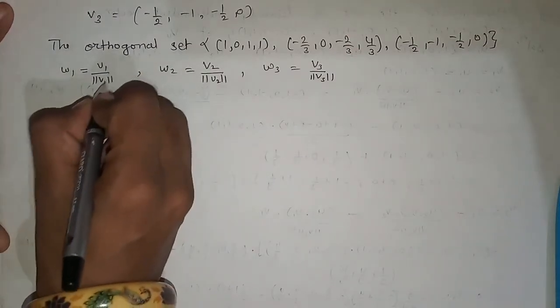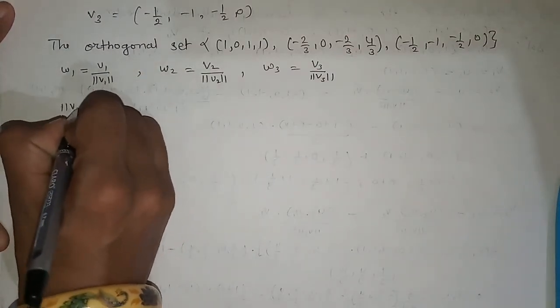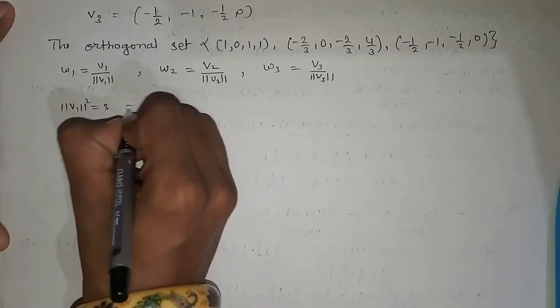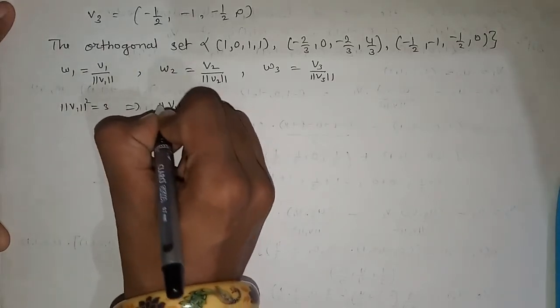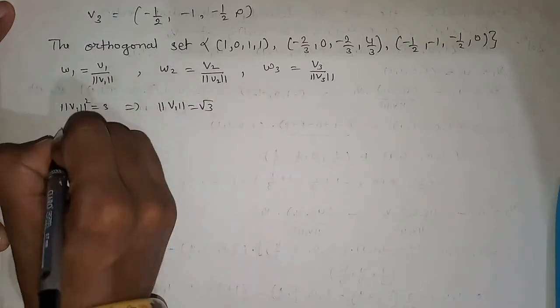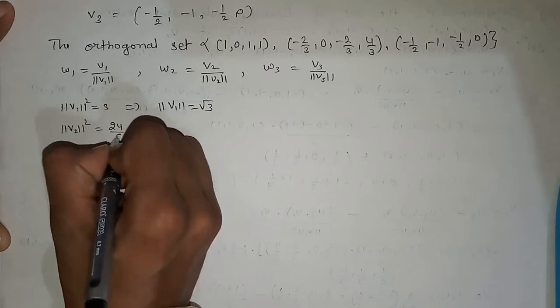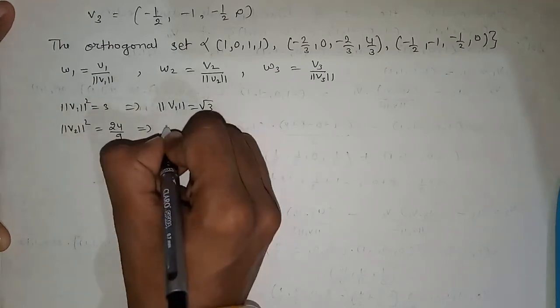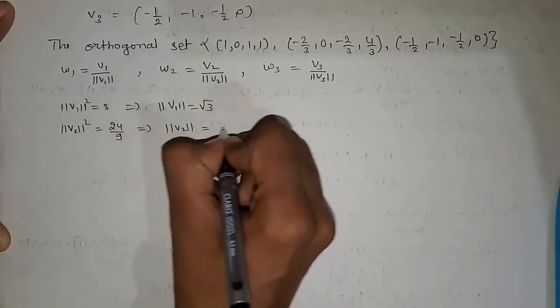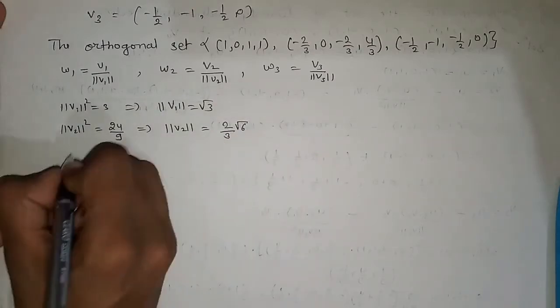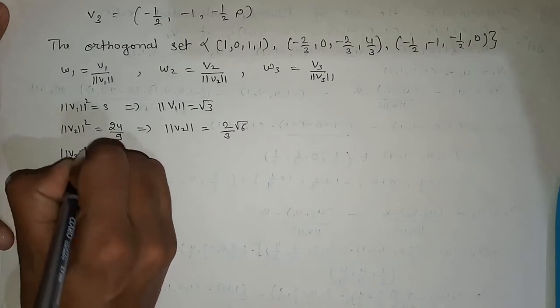So to construct this, we know norm of V1 square is 3. So this implies norm of V1 is equal to under root 3. Now for norm of V2 square, we have the answer as 24 by 9. So we are getting norm of V2 as 2 by 3 under root 6. Now we have to calculate norm of V3 square.